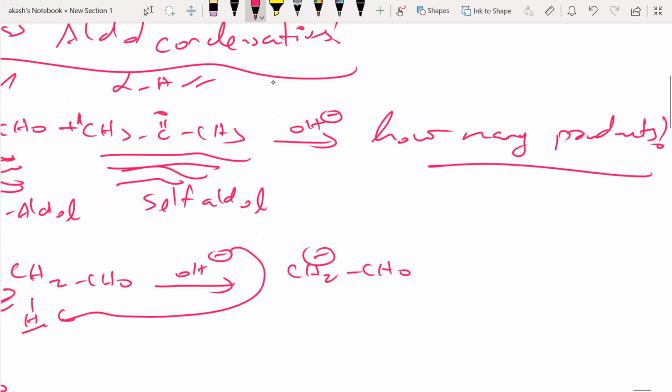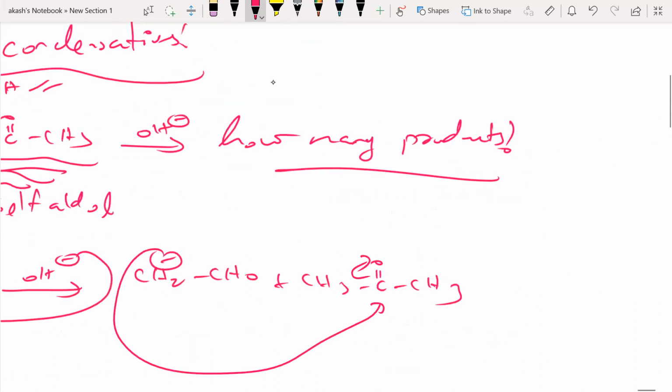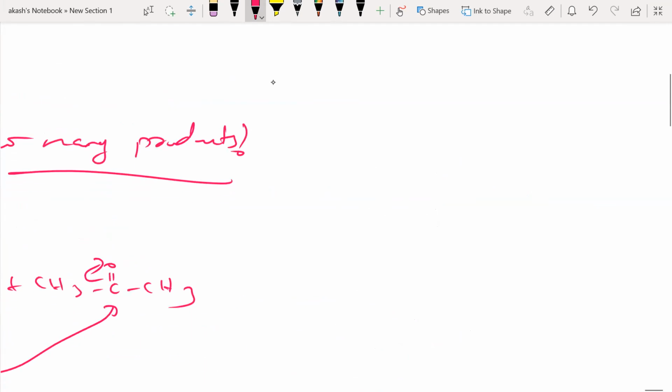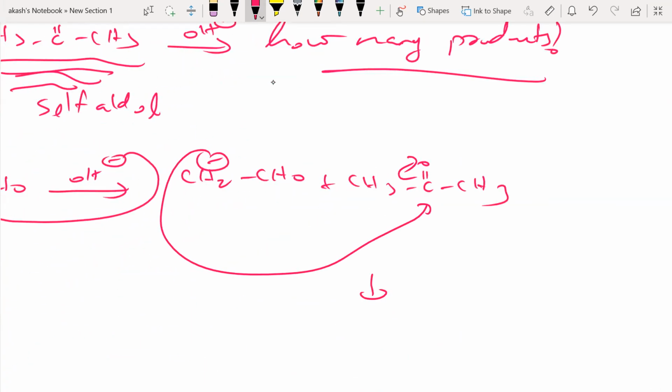Now in the previous case, what we did, this CH3 means this one attacked the same molecule, right? But in this case, we are going to take the next molecule like this, and that is going to attack here from this, right? So now the product would have been, let me start from this one, CH3, CO minus, and that is having a CH3, and then this carbon, and this carbon is attached.